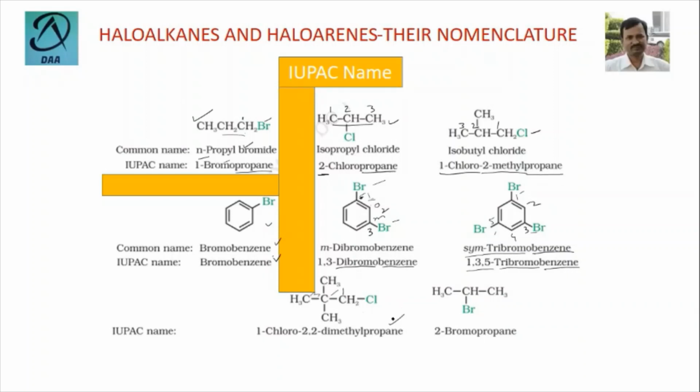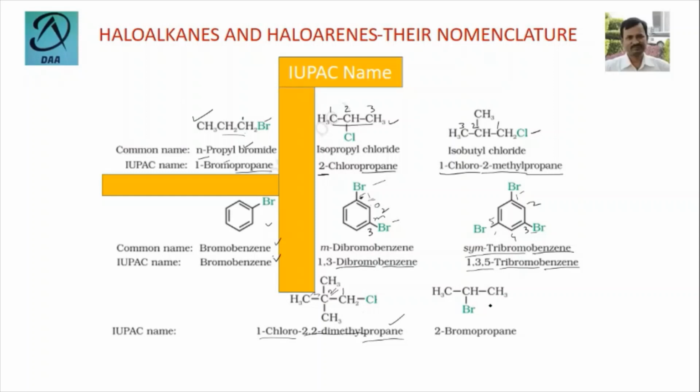So three carbons means it is propane. At the second position, two methyl groups are there, so 2,2-dimethyl, and at position number 1 a chlorine atom is there. So 1-chloro. In this way, we go for naming as per the IUPAC system.